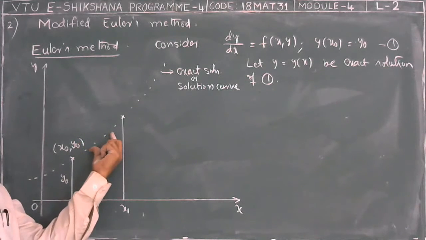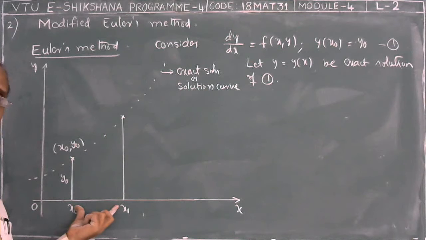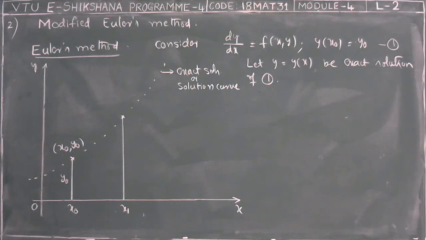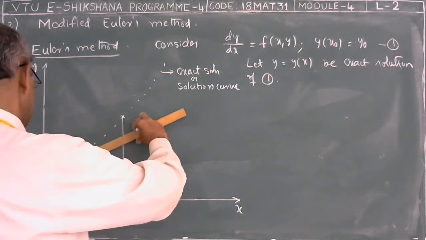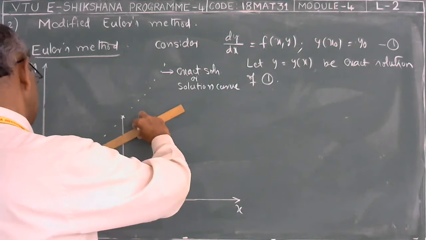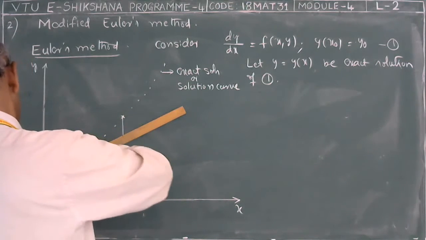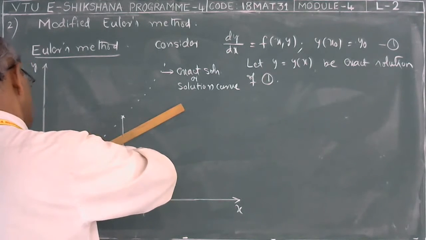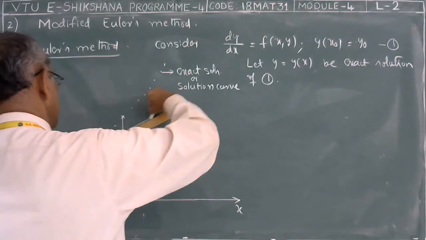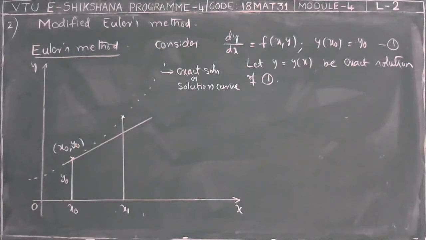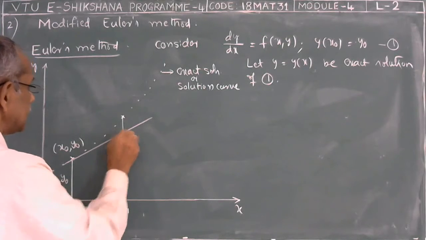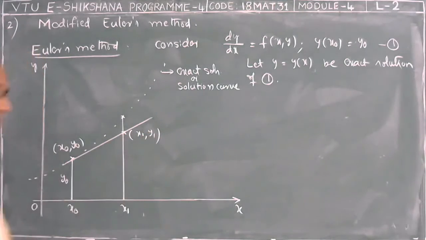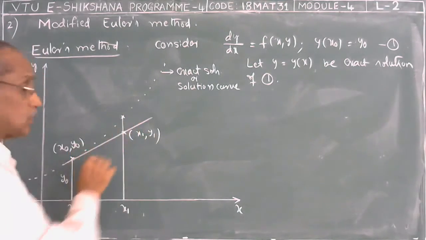Since the curve is almost a straight line in a very small interval, we approximate the curve by a tangent to the curve at x naught, y naught. So just assume this is the tangent to the curve, and let us call this x1, y1, and this is the true solution curve.